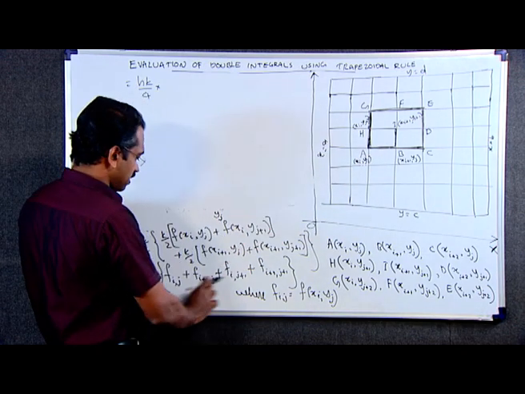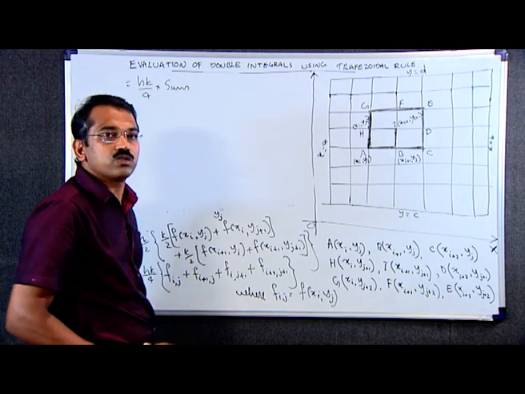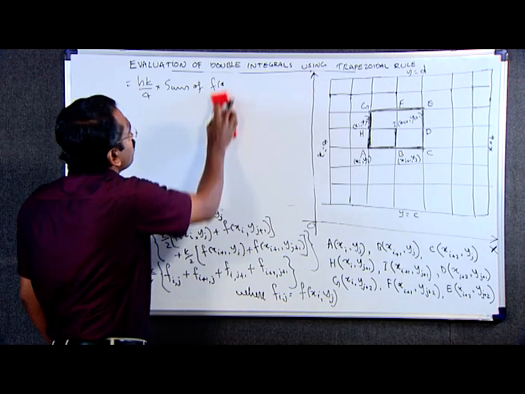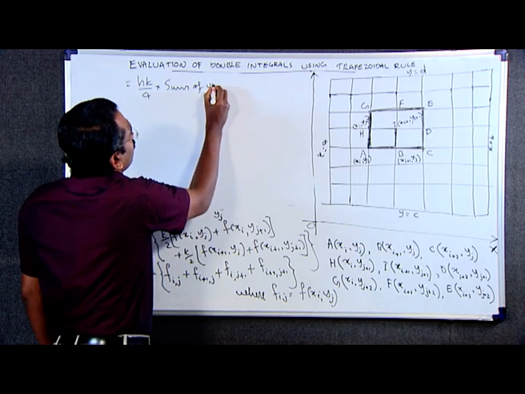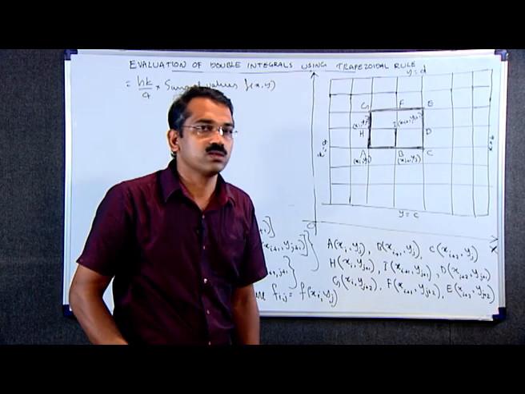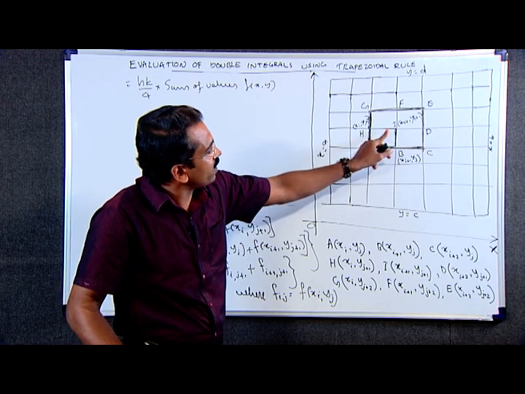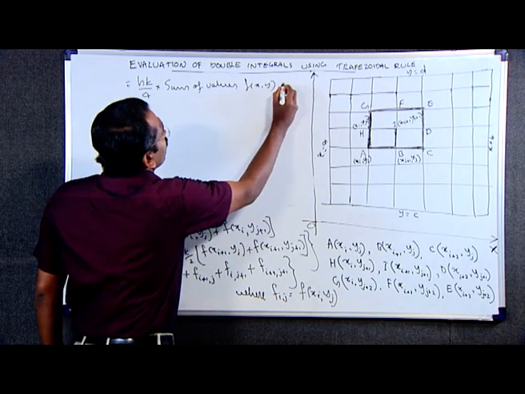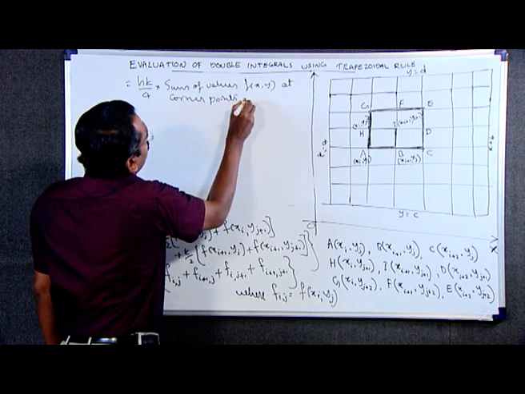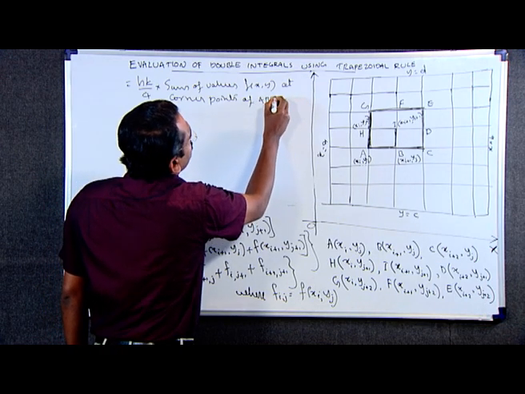Therefore, we can write this sum as the sum of the values of the integrand f of x y at the corner points of the subrectangle ABIH.